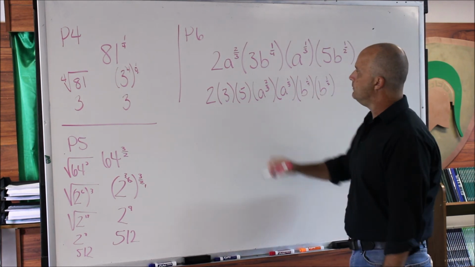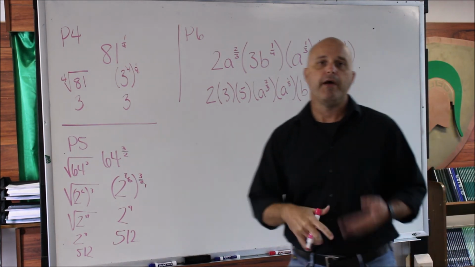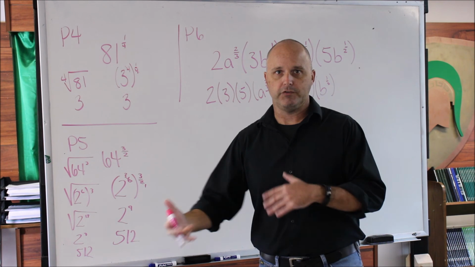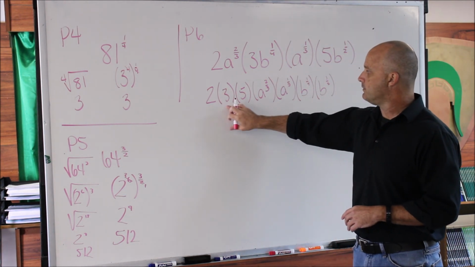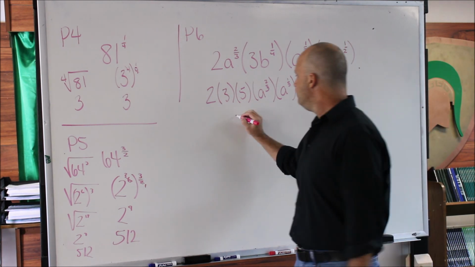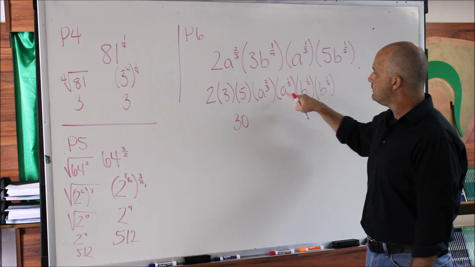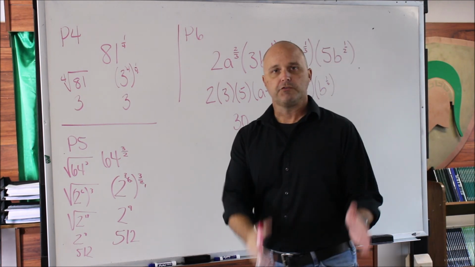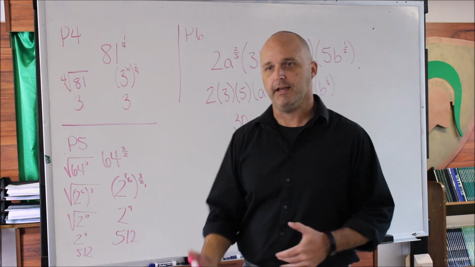Now, if you need to, go ahead and cross everything out as you write it down here. That way you know that you've actually taken care of every single thing that's in the problem. So we look at this, 2 times 3 is 6, times 5 is 30. Then here we get a to the 2/3 times a to the 1/3. So we're multiplying bases. Remember that whenever we multiply bases, we add the exponents.